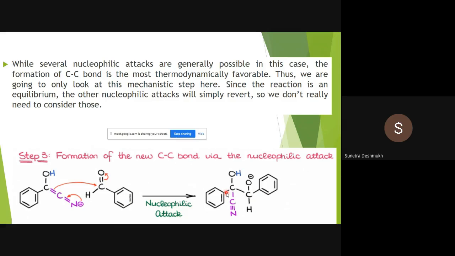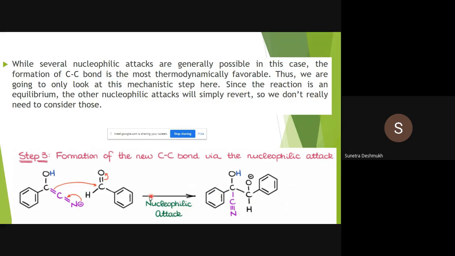Several nucleophilic attacks are generally possible in this case. The formation of a carbon-carbon single bond is the most thermodynamically stable. This nitrogen also can attack on this carbon atom. This is also possible, but it's not thermodynamically favorable. Only the nucleophilic carbon attack is the thermodynamically favorable attack, and thus we are going to only look at the mechanistic step here.